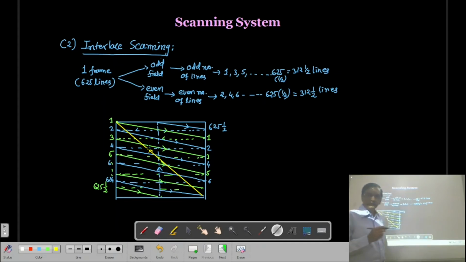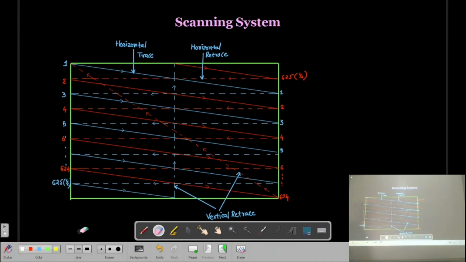So now let us understand the terminology. Correct? The same scanning is present here, interlaced scanning is there, and you can see the blue lines are representing the odd number of lines, number 1, 3, 5, 7, like this.